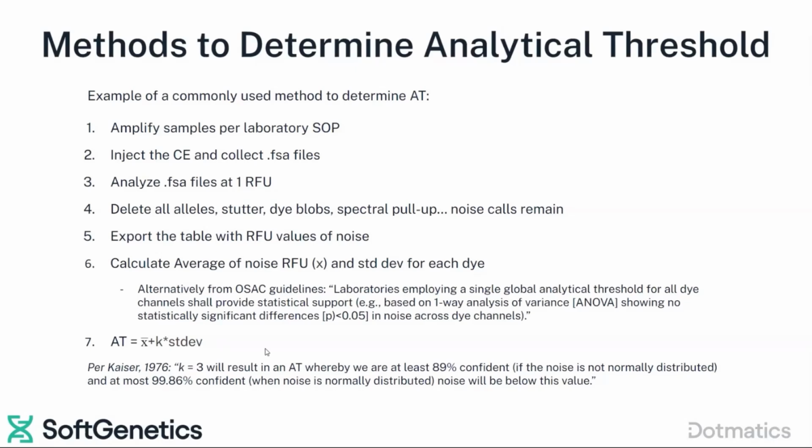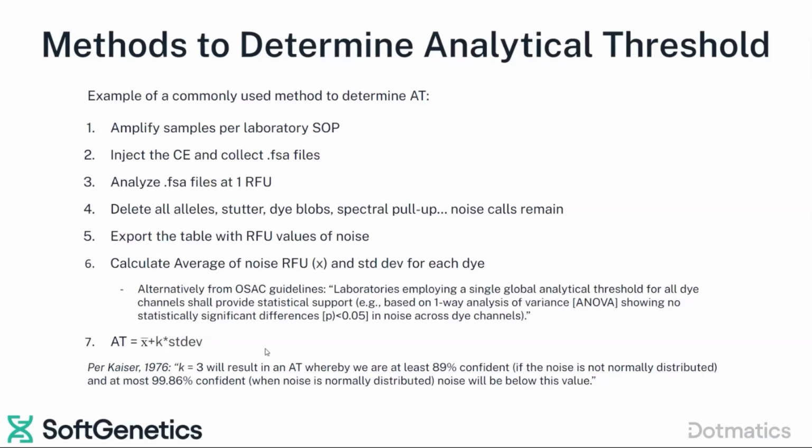That table is then exported, and typically in Excel or a spreadsheet, you calculate the average noise and the standard deviation for each dye. I put a little note in here because some labs use dye-specific analytical thresholds because of differences between the noise in the different dyes. Alternatively, OSAC does state that you can employ a single global analytical threshold for all dyes as long as you provide statistical support that the noise level is not significantly different from one dye channel to another.